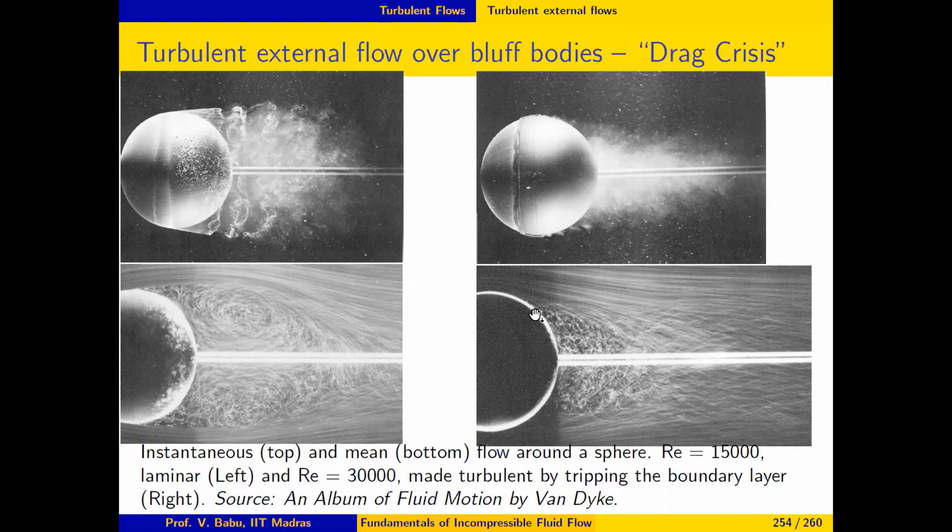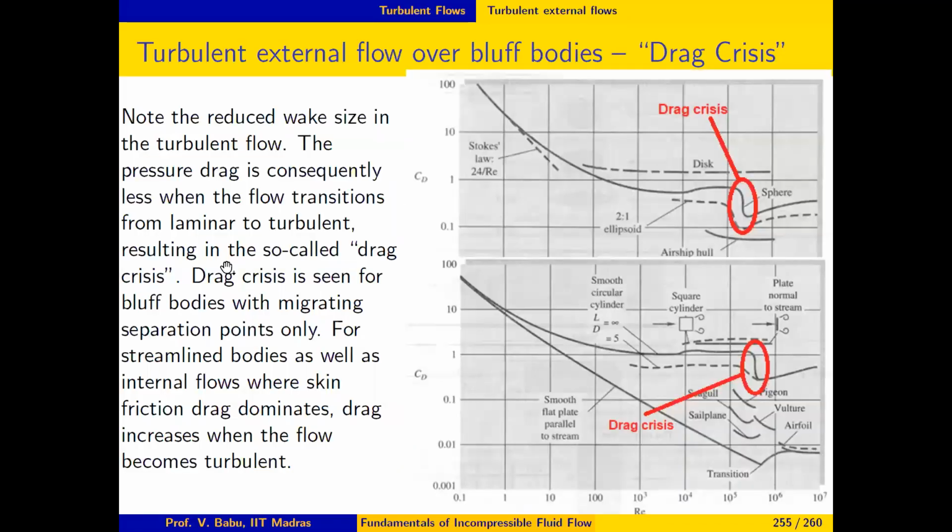And when the wake becomes so much more compact when compared to the laminar case, the pressure drag decreases much more than the skin friction drag increases, so that there is an overall reduction in the drag. So this is called drag crisis, as mentioned here, and it happens only for bluff bodies during external flow around bluff bodies. Let us explore this a little bit more.